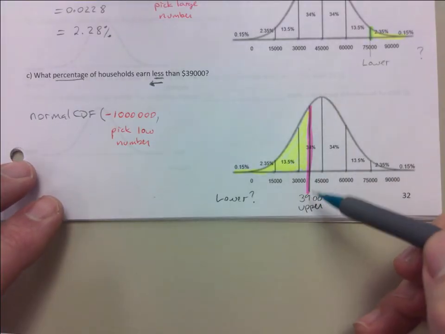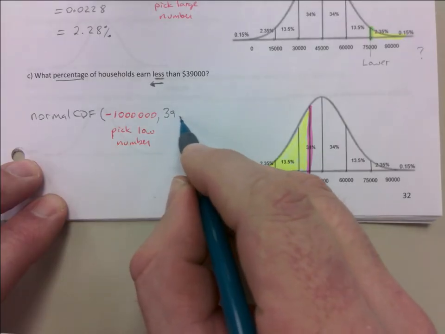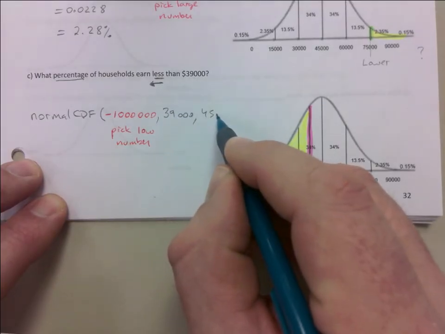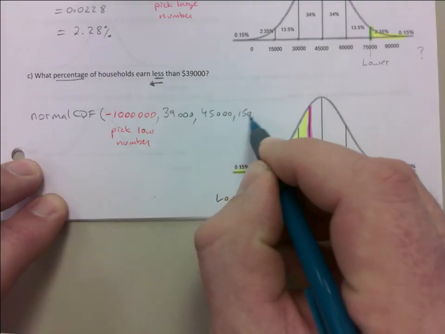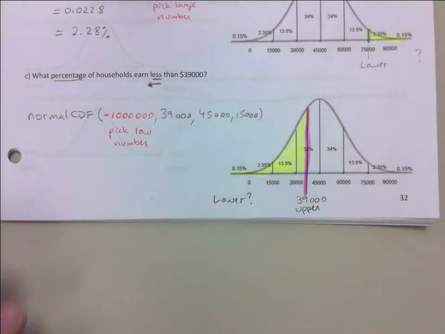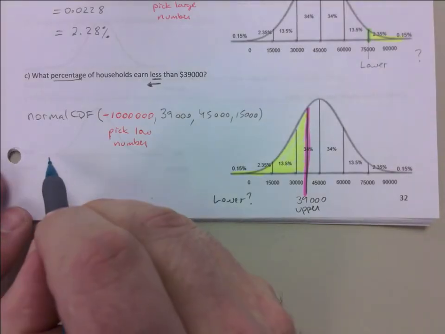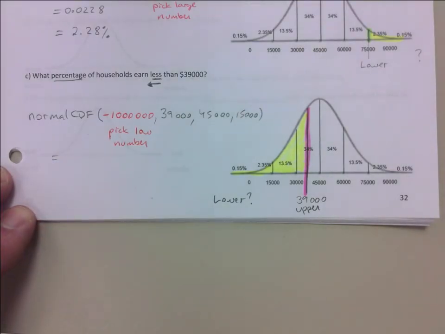And then you go to your upper limit. And that's mean, standard deviation. Okay. I'm going to go second vars, call DISTR, choose normalcdf, not PDF.